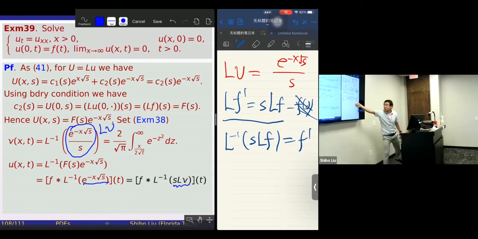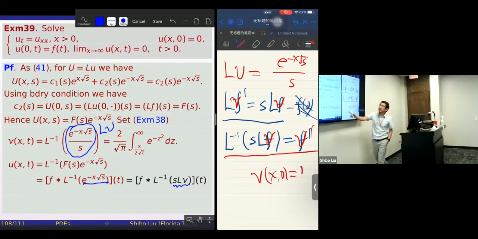So applying this rule to V, L of V prime equals S L V, or L inverse of S L V equals V prime. This is what I want to say: L inverse of S L V equals V prime, provided V0 is 0.